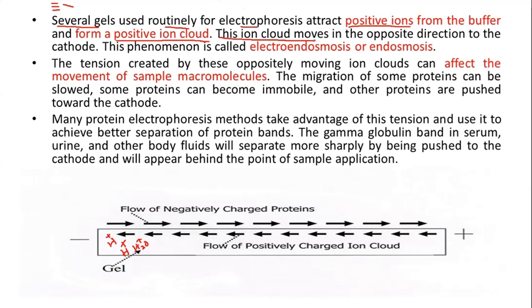These ion clouds move in the opposite direction to the cathode. This phenomenon is called electroendosmosis or endosmosis. Now, what does osmosis mean?